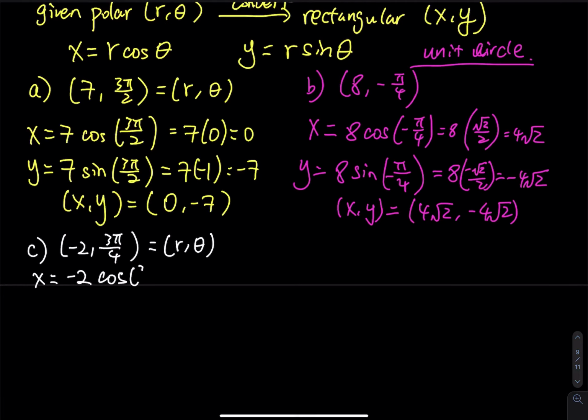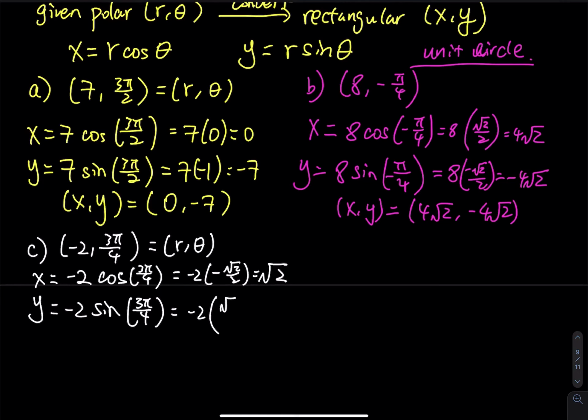So 3 pi over 4 is in quadrant 2, x is negative, so then we have negative 2 times negative root 2 over 2, so that is equal to positive root 2. And then y is equal to r times sine of theta. In quadrant 2, y is positive, so that will be negative 2 times positive root 2 over 2, so that is negative root 2, and then my Cartesian coordinate or rectangular coordinate is (root 2, negative root 2).